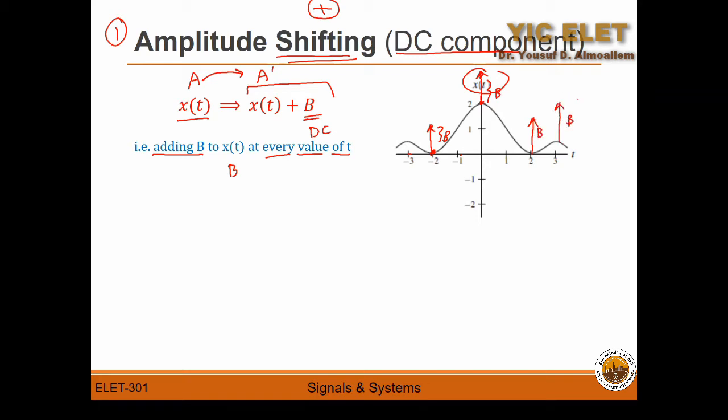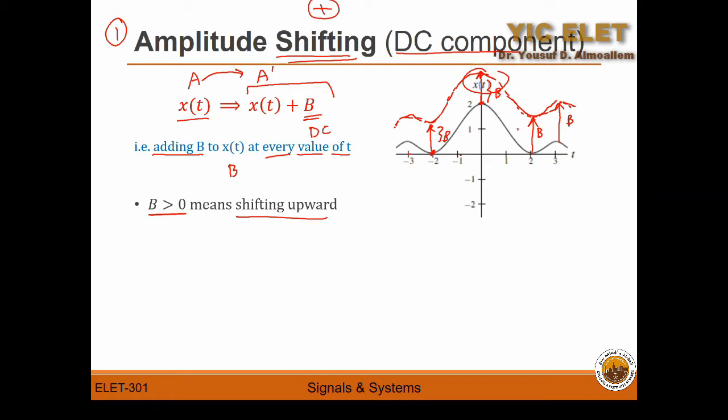And we will reach another signal which is somehow similar in shape, but it is shifted upward. So this is the new signal that is happening after transformation. So if b was positive, then it will be shifting upward.